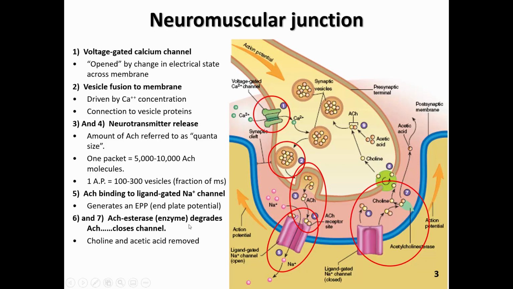That will cause closure of the ligand-gated sodium channel, and choline and acetic acid are removed. And then choline, to finalize steps 8 and 9, choline is used by the presynaptic cell, in this case the terminal axon, to make more acetylcholine molecules.